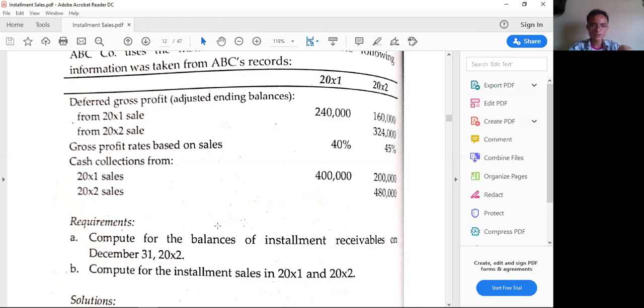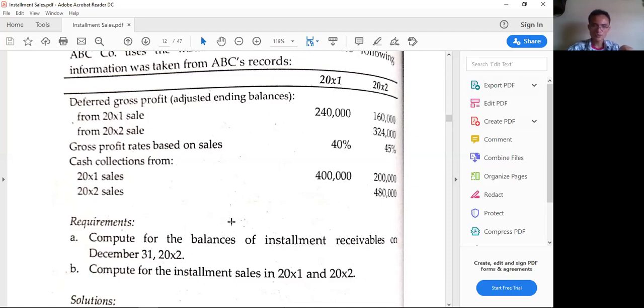For the balances of installment AR, we have to analyze the given items. With the previous problems, I could spot immediately how to compute, because those were the common questions being asked. As for this one, this could be a common question or less common for that matter. However, the given items are not that commonly presented.